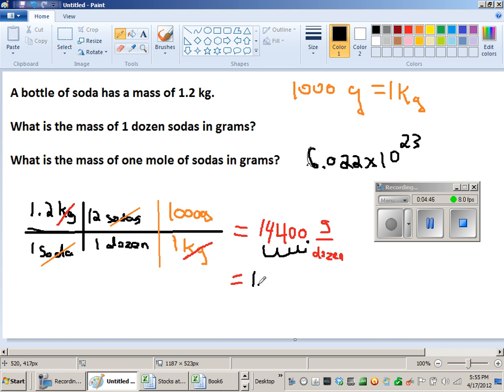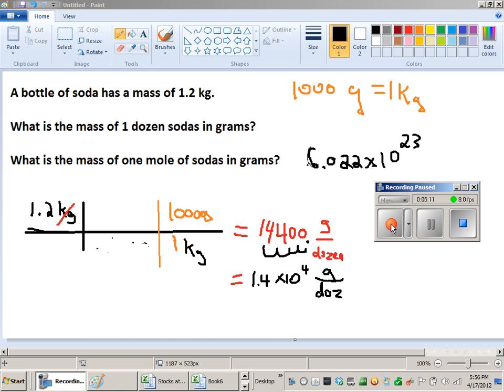So I'll get 1.44. I'm going to round it to 2 sig figs, so it's just 1.4 times 10 to the 4th grams per dozen. All right, so that's a dozen. It's not going to scare anybody away. It's a pretty common unit or counting number everybody uses.